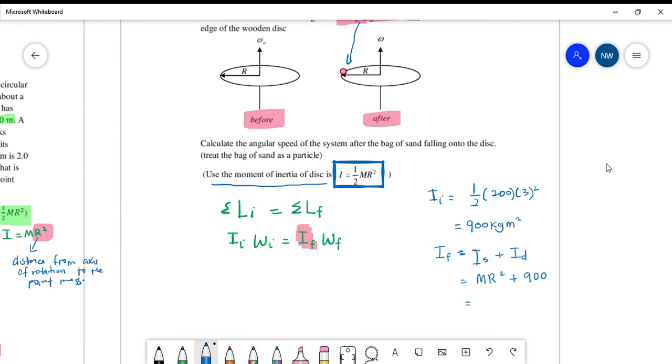The mass of the sandbag is 50, and the distance of the sandbag at the edge to the axis of rotation is the radius, which is 3 squared, plus 900. So it's going to be 900 plus 450.